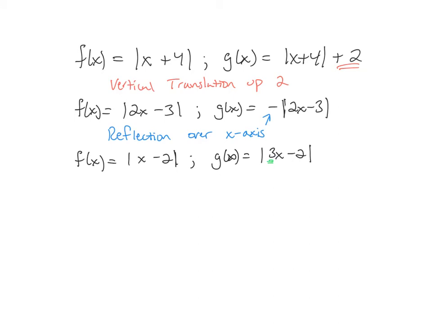So that's greater than 1, so it's going to be a horizontal shrink by, and here's a difference that I didn't have room to write on the other one. When it's on the inside, a shrink, we do the reciprocal.